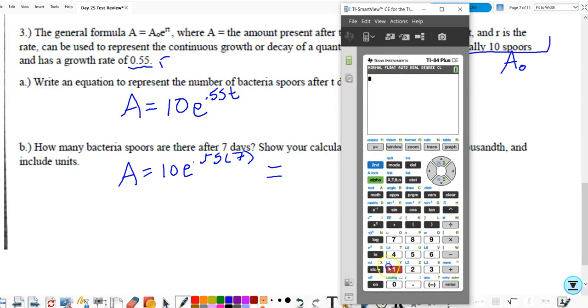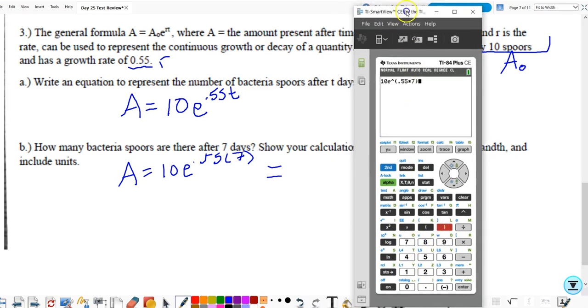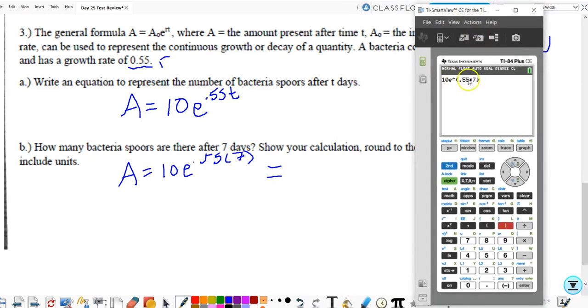I'm going to type 10 e to the 0.55 times 7. If you have the older type of print on your calculator, where the exponent is not tiny, you have to have parentheses around the 0.55 times 7.